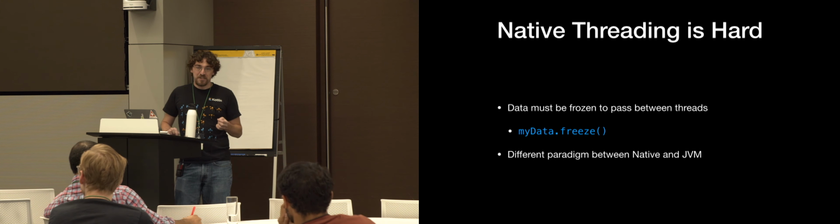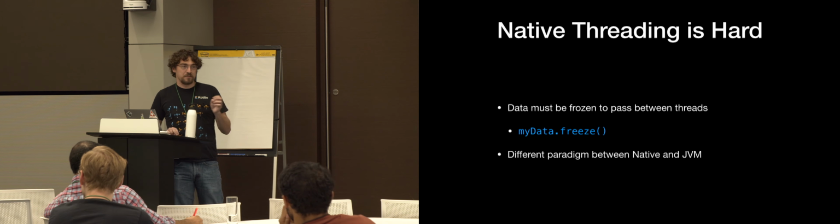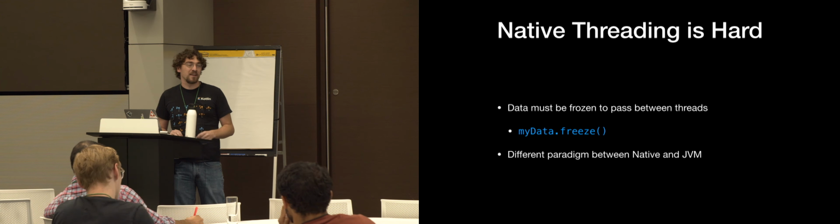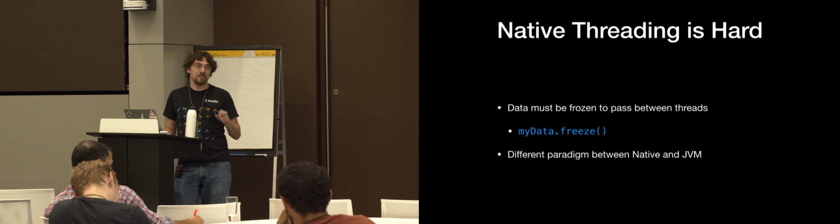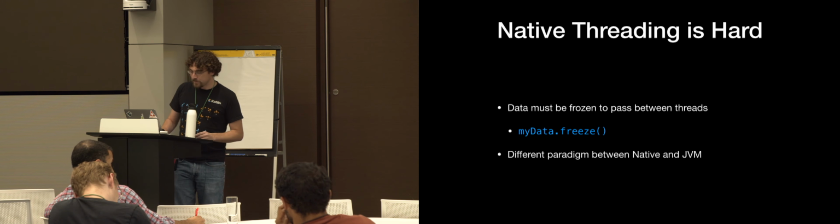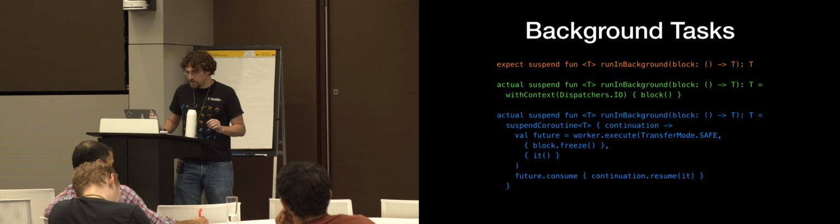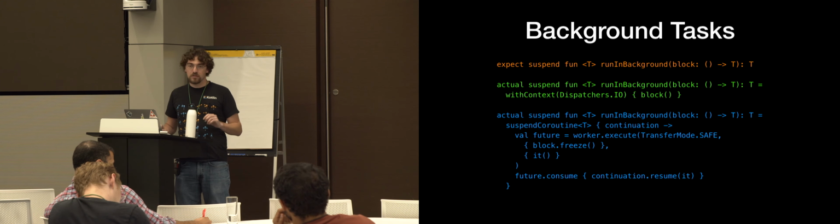In particular, there are different mental models that you have to use for native and JVM, so it's not easy to wrap that into a common API. I've done this thing that sort of works.